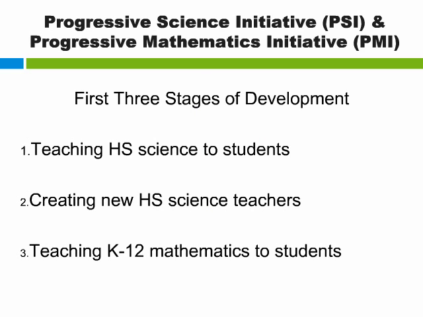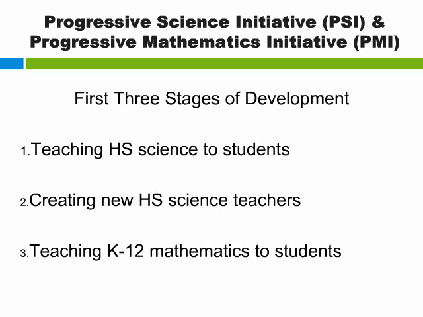And as you use them, the only thing we ask is that any improvements and suggestions you have about how this can be better, you please email us, because we're all about creating a professional learning community of teachers around the world. I'm going to be talking to you about three different stages of development that we've gone through. The first one was the Progressive Science Initiative, which was developed to teach high school science to students.